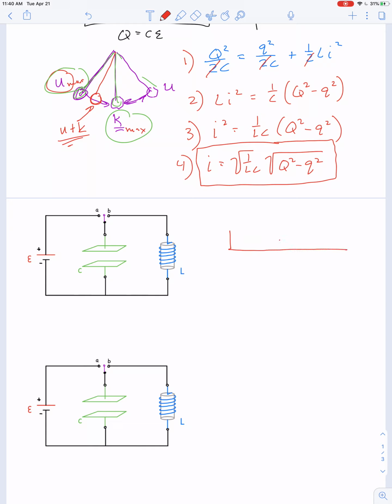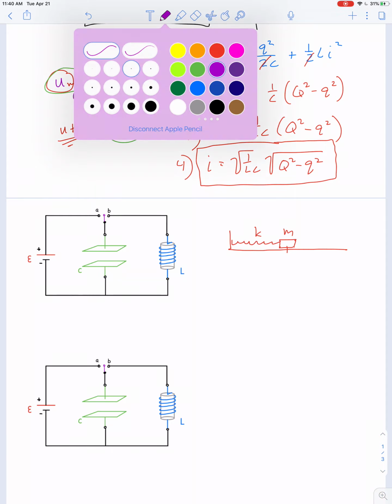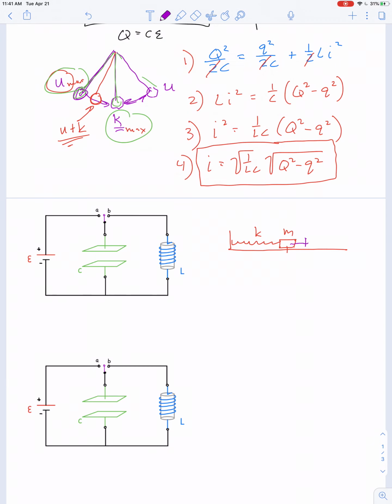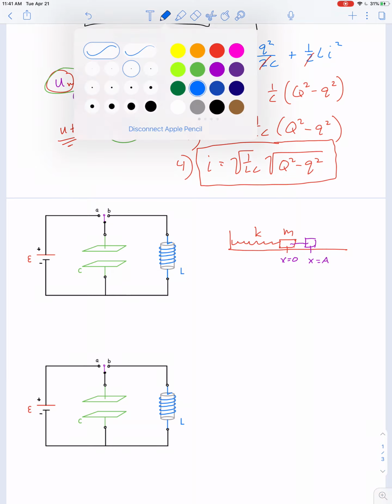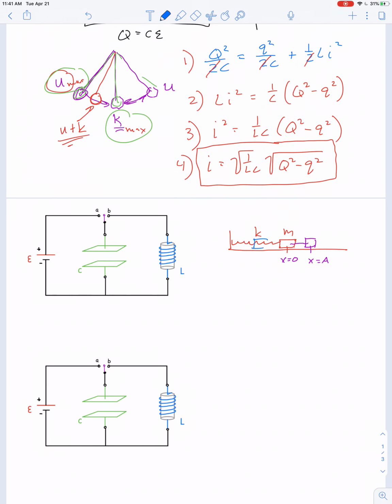In our study of mechanics, we found if we put a mass on a spring and pull that mass back, give it some amplitude, in other words, a displacement from its equilibrium point, when we release it, it oscillates. So two types of oscillatory behavior, electrical oscillation and mechanical oscillation.